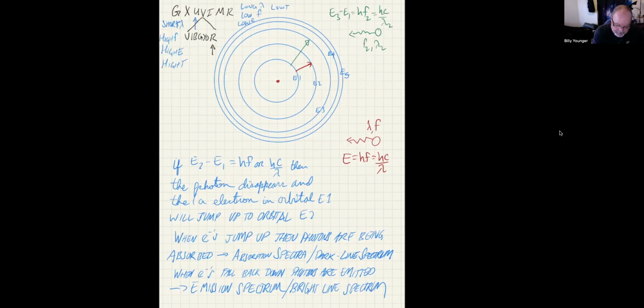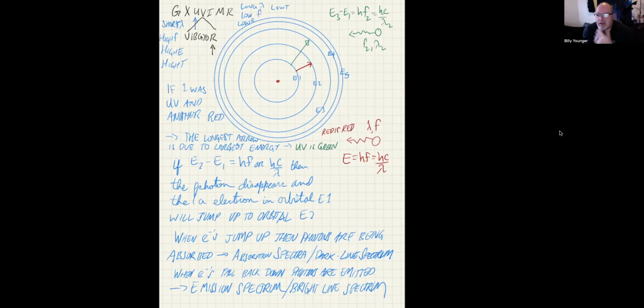So the green and another red, okay, that's the photons, then the longest arrow is due to largest energy. Implies UV is green and red is red.